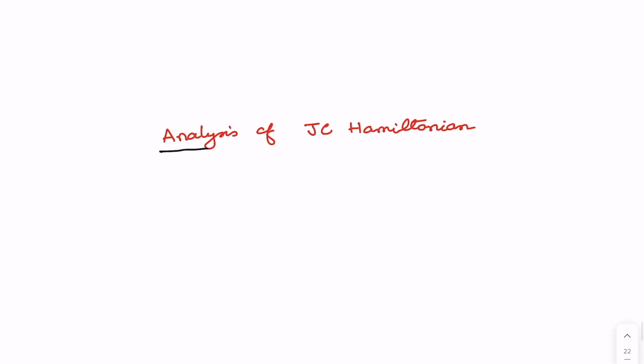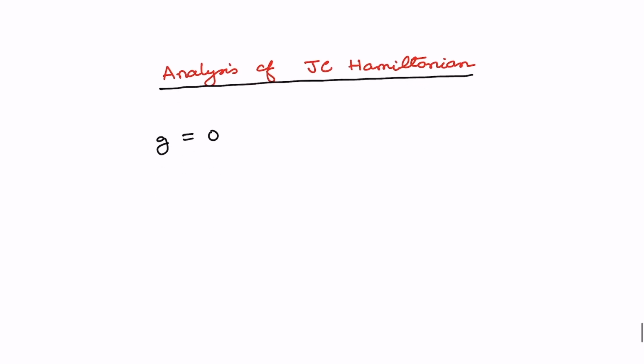Firstly, let us consider the case when the coupling between the atom and the field is 0. That means the parameter g is equal to 0. This means that the JC Hamiltonian has only this field mode which acts like a harmonic oscillator, and we have this atom, and the difference between the energy levels in this two-level atom is h cross omega atom.